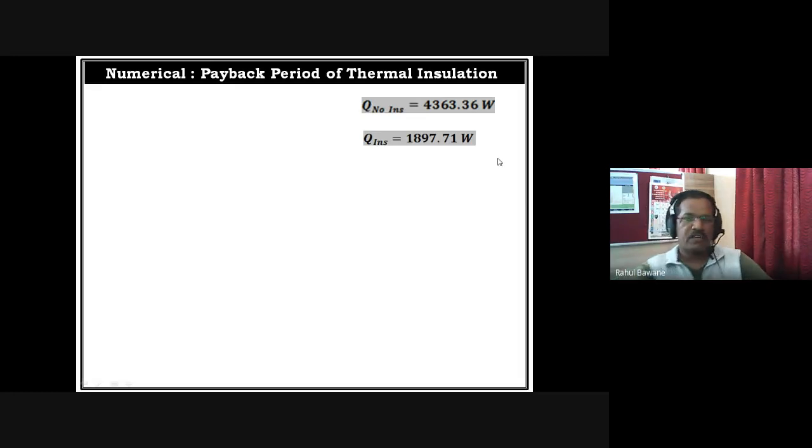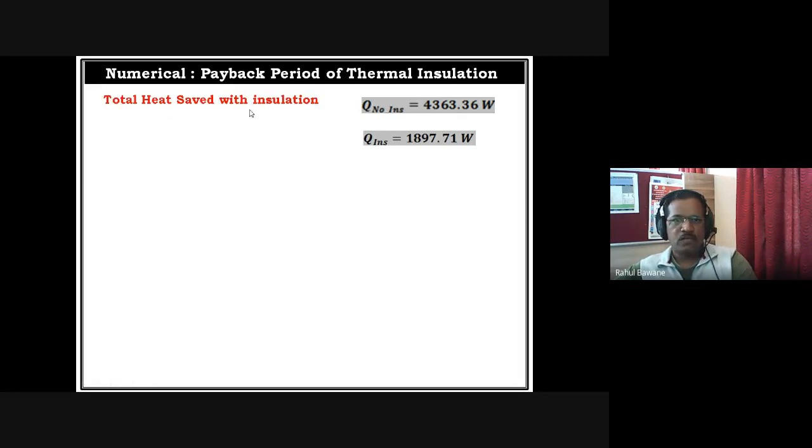Remember, insulation never eliminates heat loss. It just reduces it. So heat loss is reduced by providing insulation. So total heat saved is heat loss when no insulation minus heat loss when insulation provided, divided by efficiency of boiler. Why efficiency of boiler? Because boiler itself works at 60%.